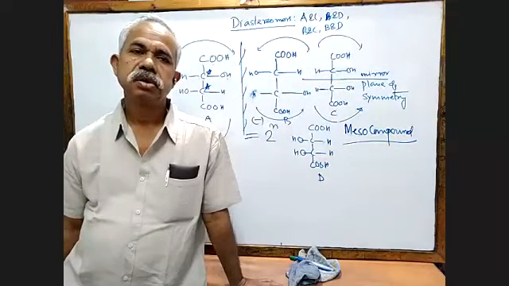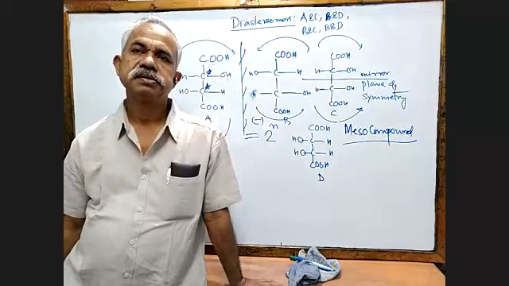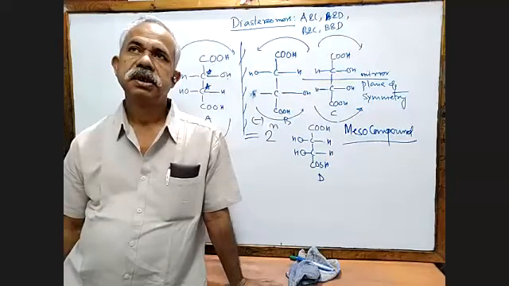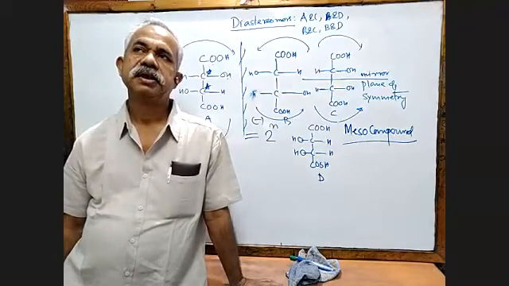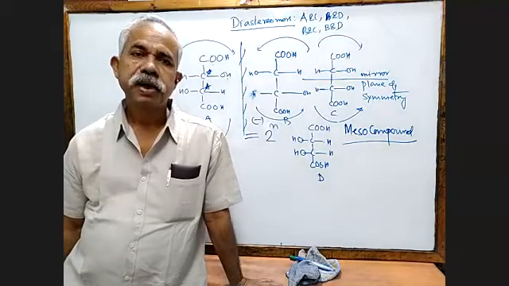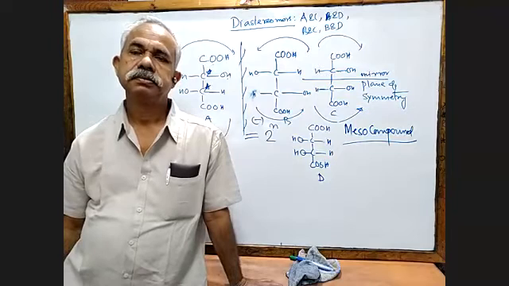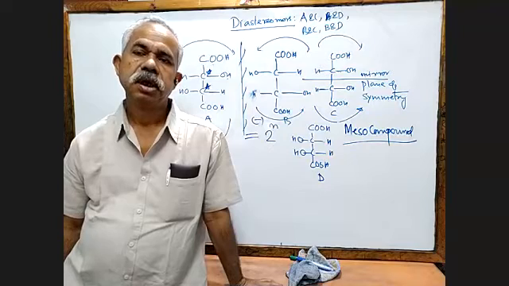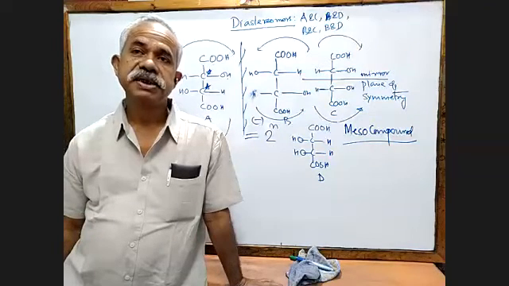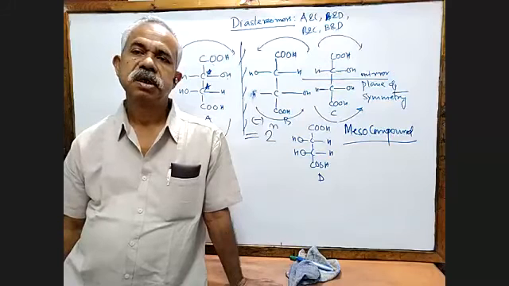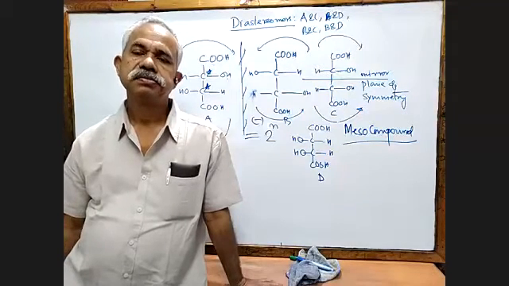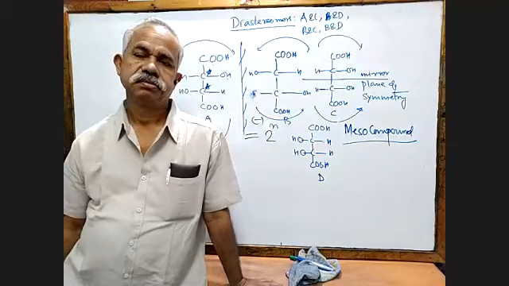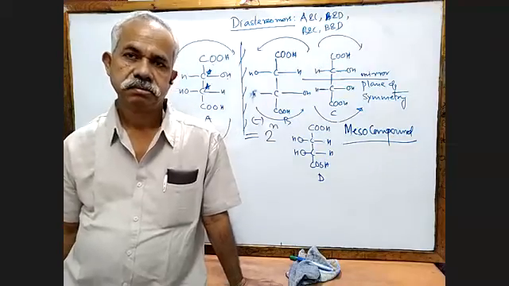Those optical isomers which are neither superimposable nor mirror images of each other are called diastereomers. Okay?